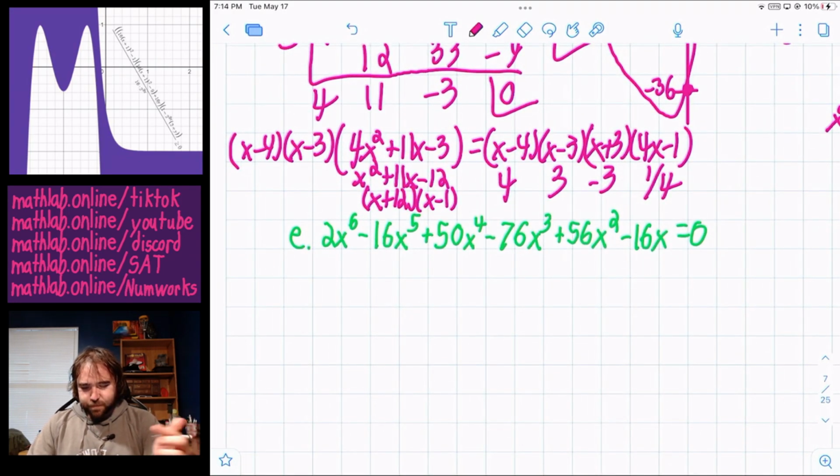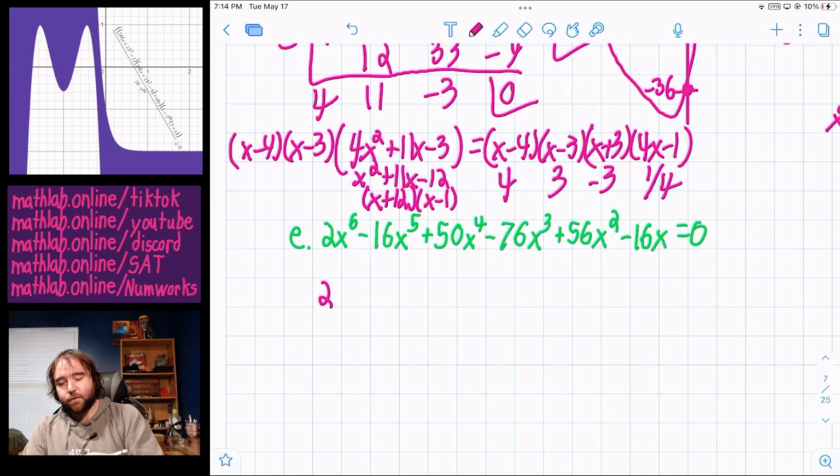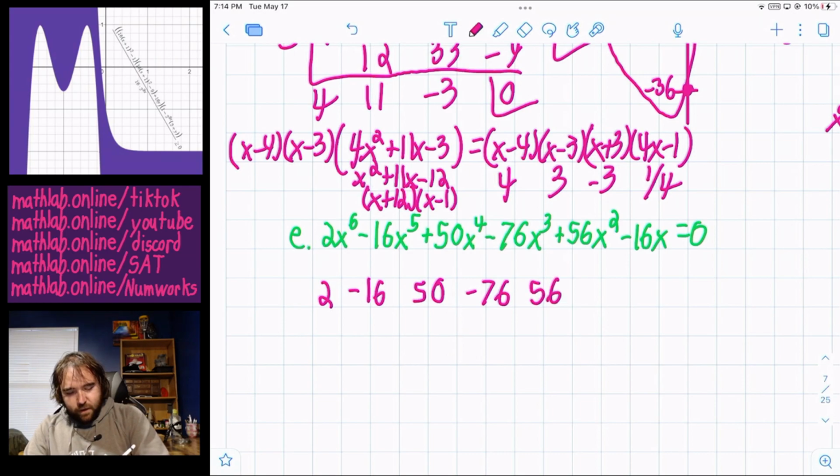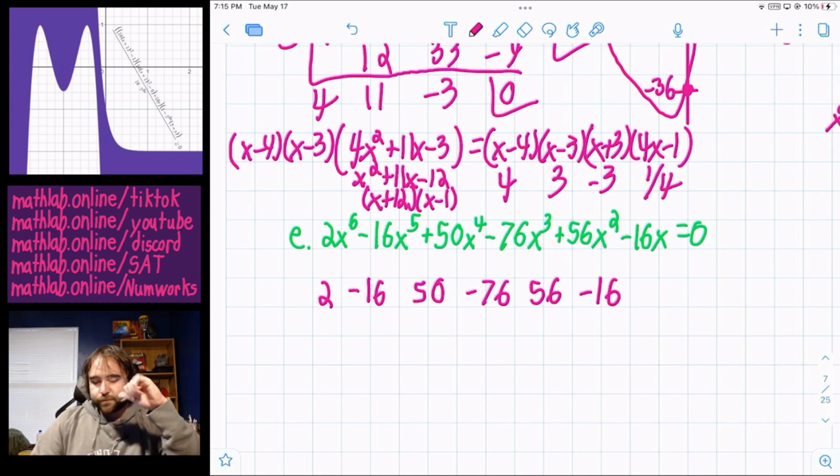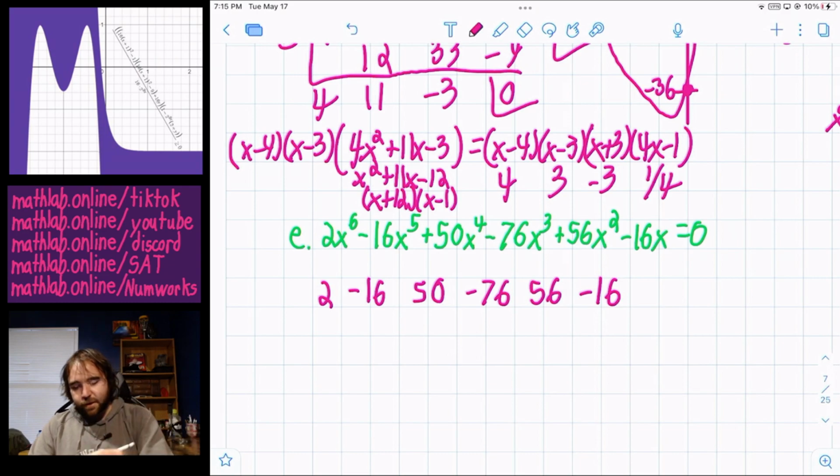This is ridiculous. So first off, we're going to pull out an x. I'm not going to write that, but I know we're going to pull out an x. Surely 1 works here, but we still got to do the synthetic for it. So let's see. That's negative 26.